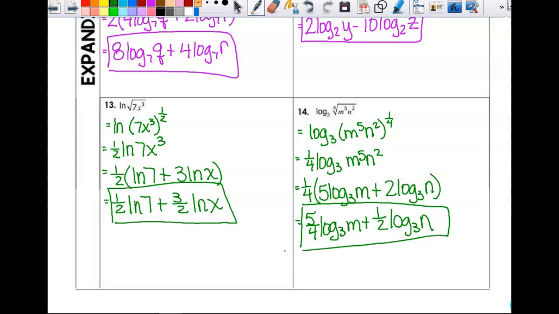When you're done, double check yourself with me. Make sure you reduced that 2/4 to 1/2. Any questions at all? You got this? You log experts? Awesome.